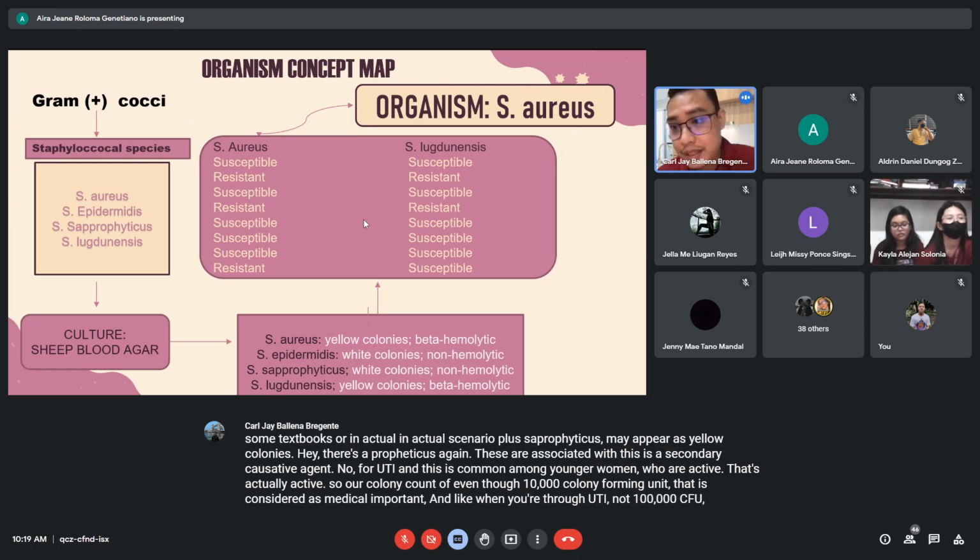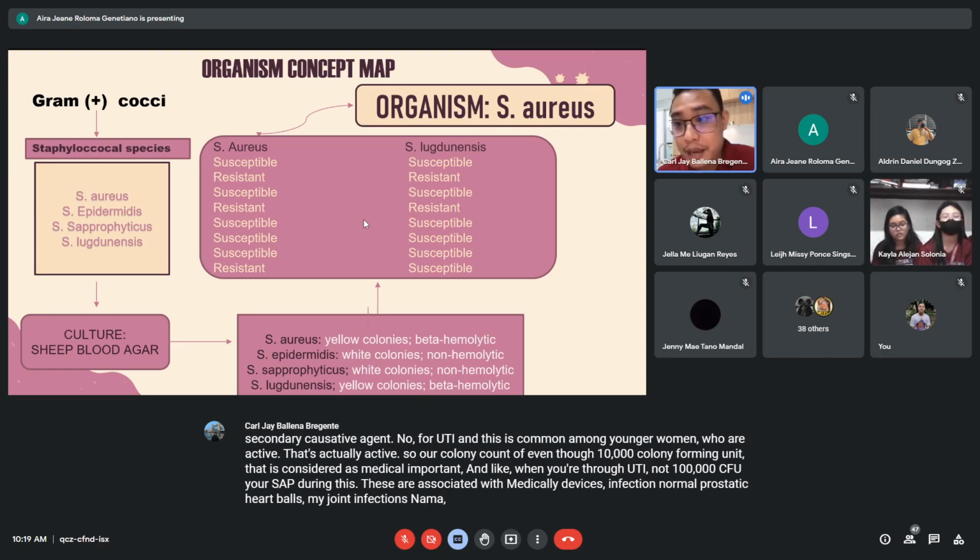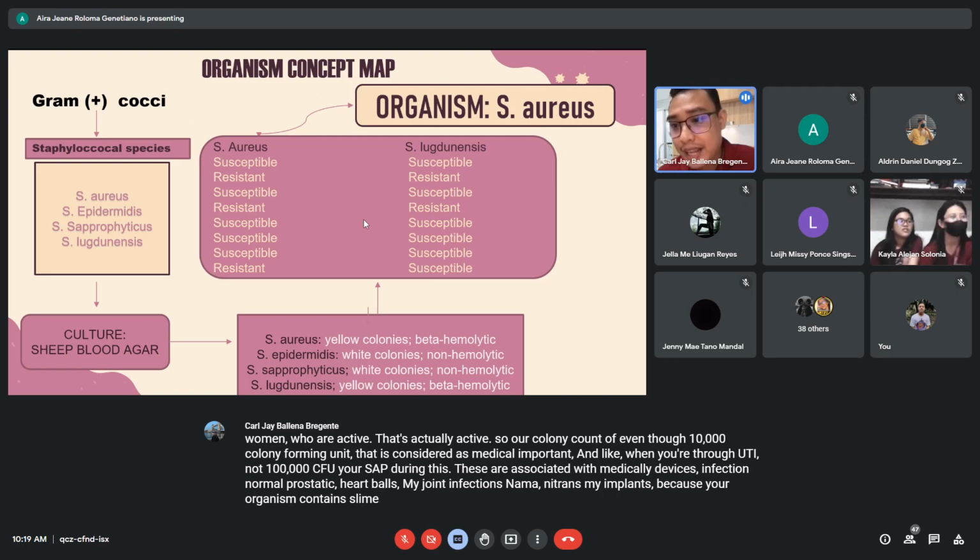Your S. epidermidis is associated with medical device infections, like prosthetic heart valves, joint infections, and implants, because your organism contains slime, which will develop biofilm formation. Next slide, please.